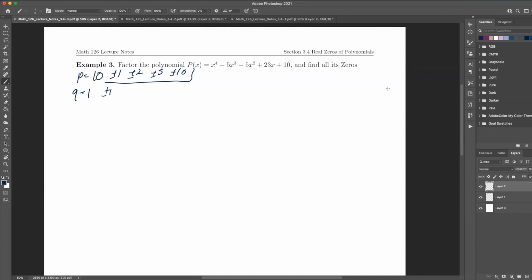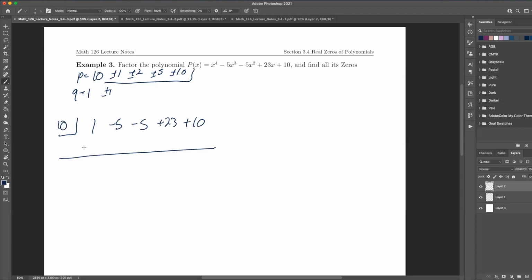All right. So I'm gonna let you guys pick which ones I will do. So anyone want to guess which one of the zeros is? All right, so we'll do 1, minus 5, minus 5, plus 23, plus 10. 10? All right, let's just try 10.